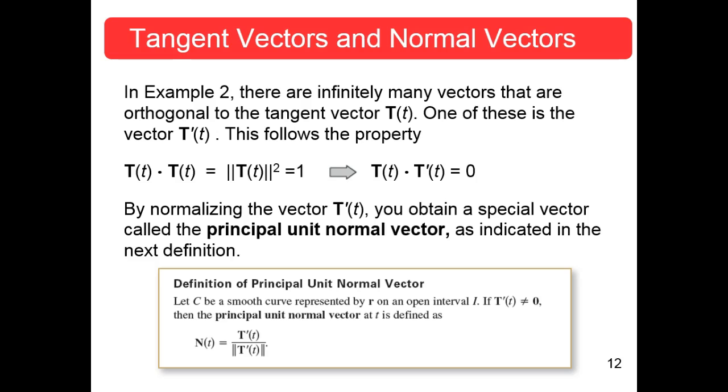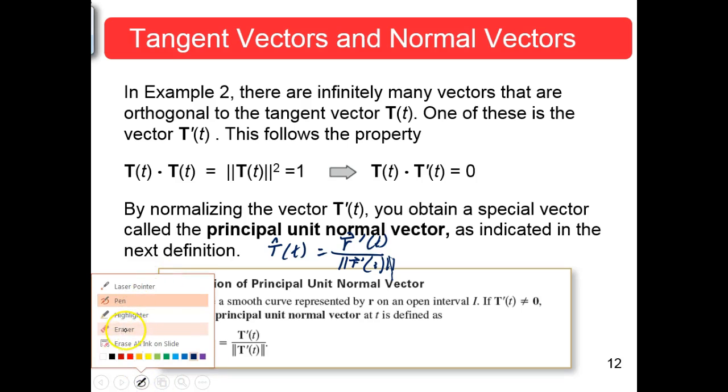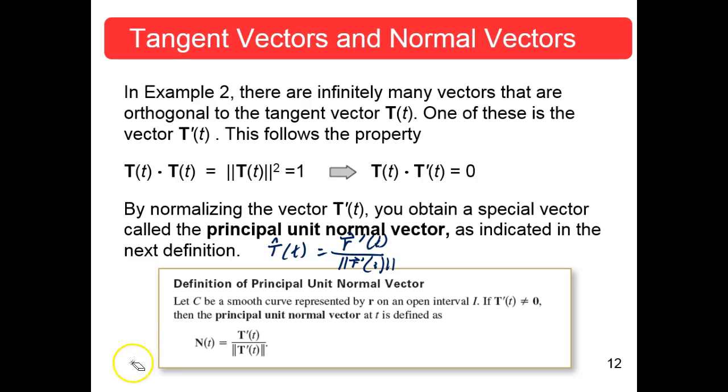Now, hopefully, you've noticed a similarity here. The unit tangent vector is equal to your r prime over magnitude of r prime. My pen's dragging.